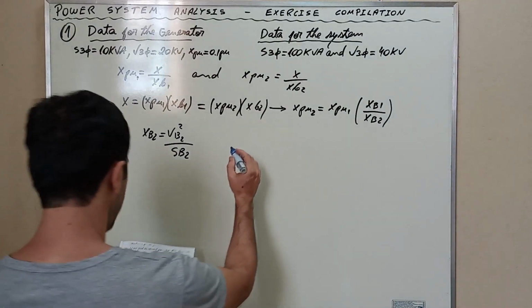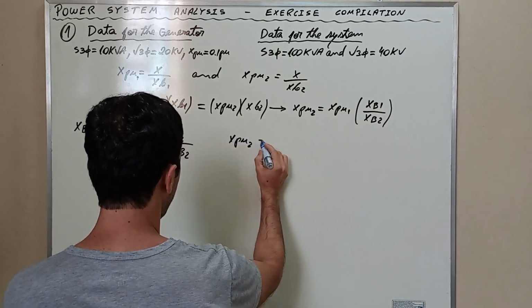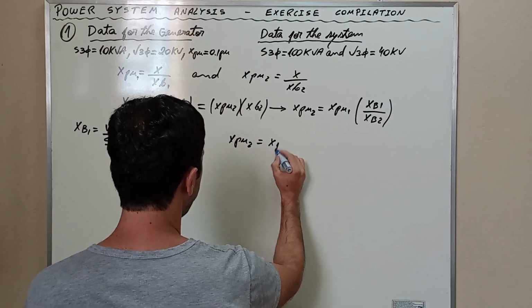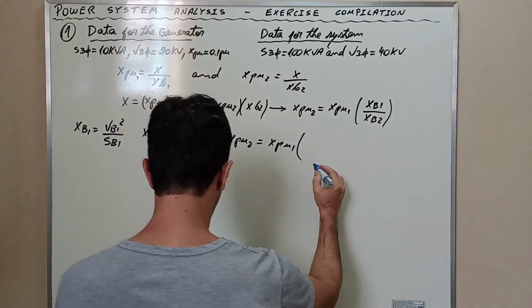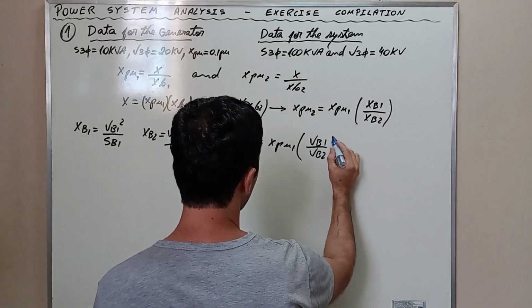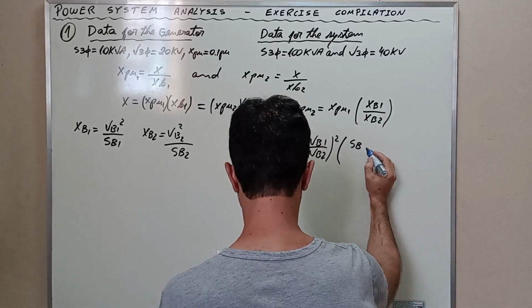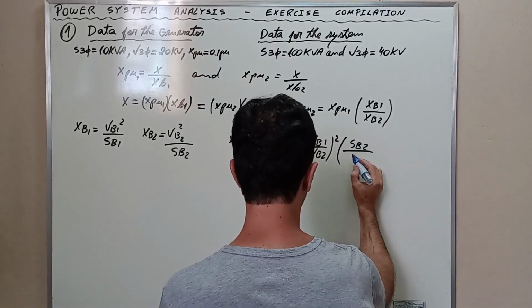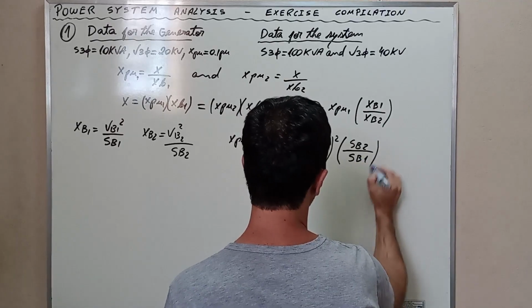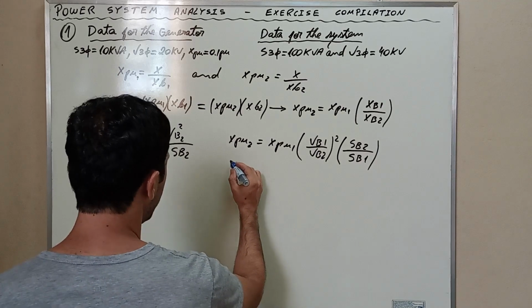And then from this we get that xPU2 is equal to xPU1 times VB1 over VB2 squared times SB2 divided by SB1. All we need to do now is to substitute the values. We need to substitute the values to find what we wish.